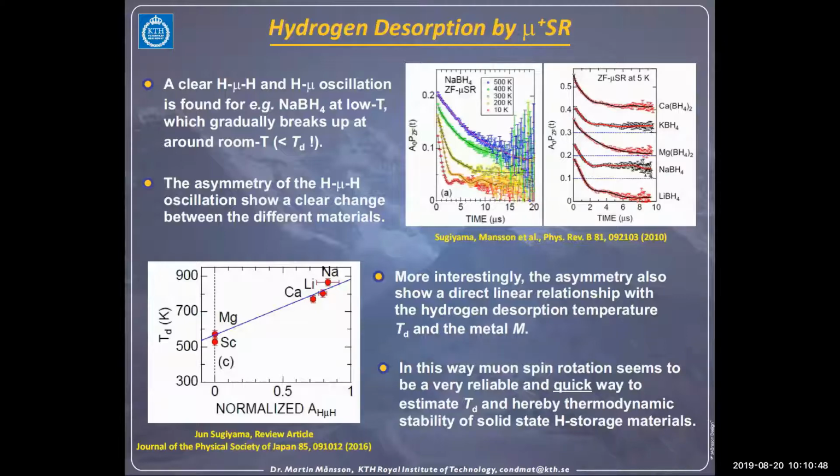When we published this back in the day, it was basically to say that it seems like a quick way to determine T_D and somehow determine the dynamic stability of these materials by muon. Because basically you just need to cool it back to low temperature and measure once. So this would be a way to look at this material.